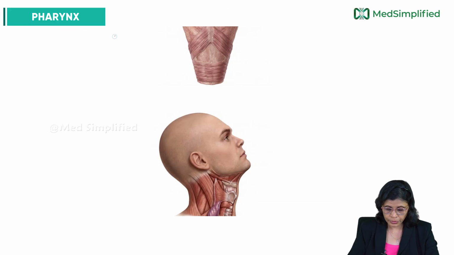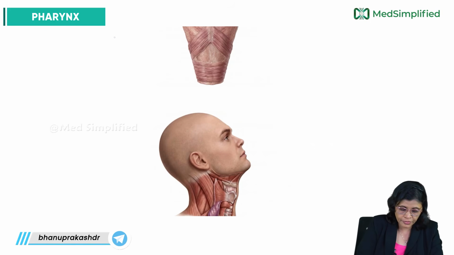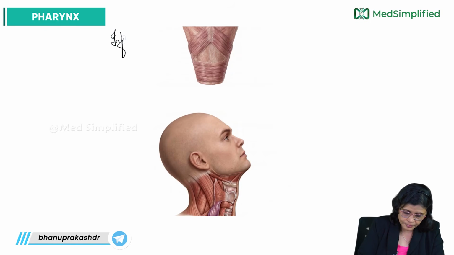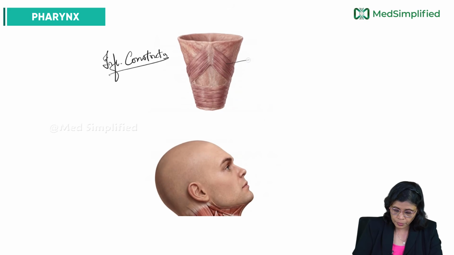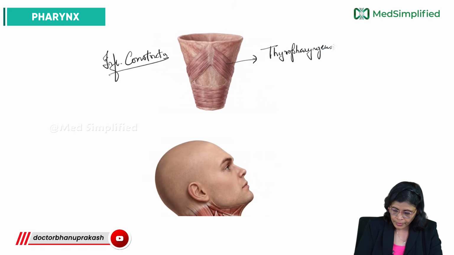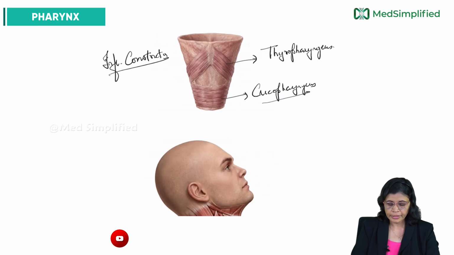Now we come to the inferior constrictor muscle, which has two parts. Here you can see the two parts of the muscle. One is the thyropharyngeus, another one is the cricopharyngeus.